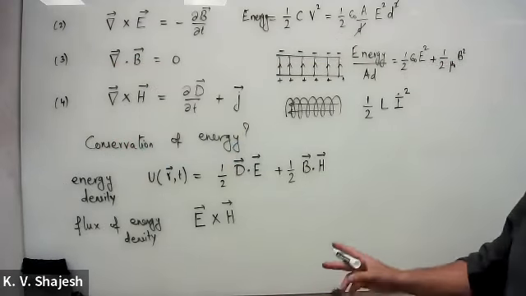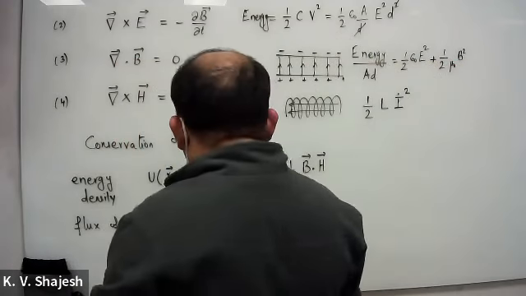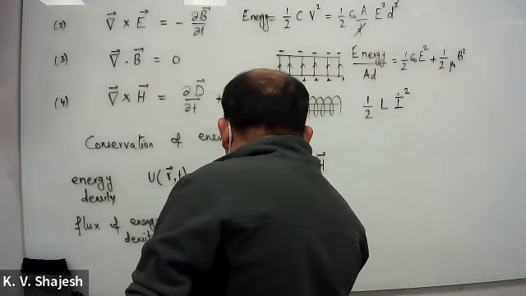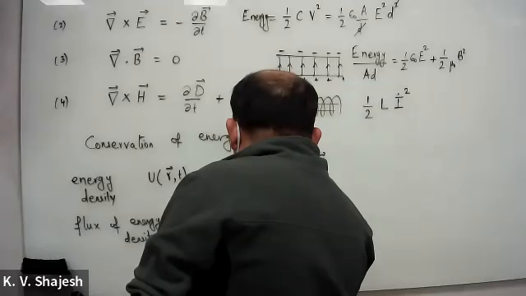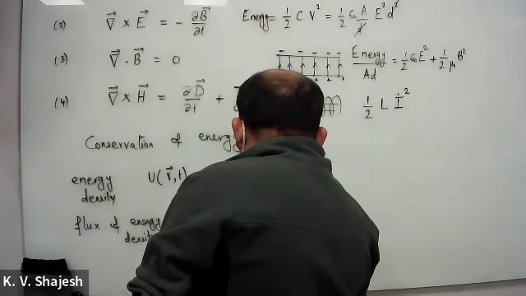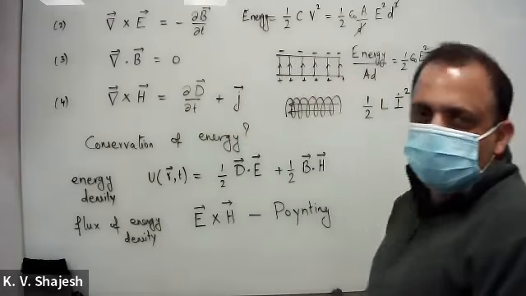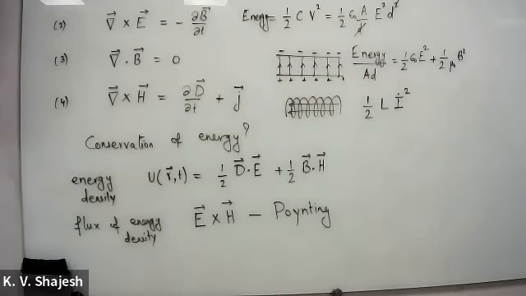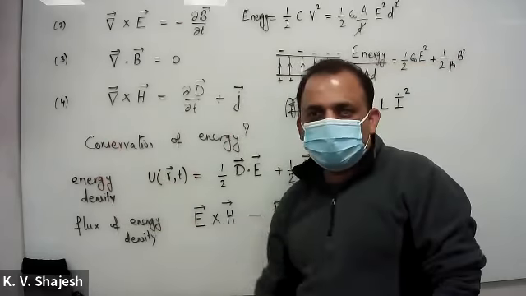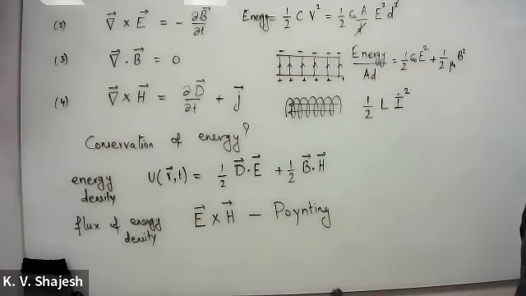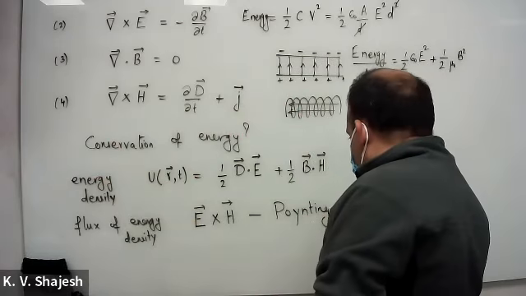Poynting vector. That's the flux of energy density. This is also called Poynting, that's the name of a person. But very incidental that this should be along a direction, and his name also is. So it's called a Poynting vector.